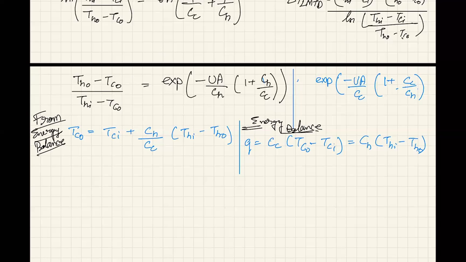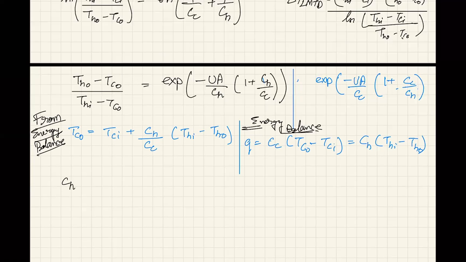So you know the value of TCO. Now you go back and substitute this value over here and try to find the value of CH, in this case the value of CC.